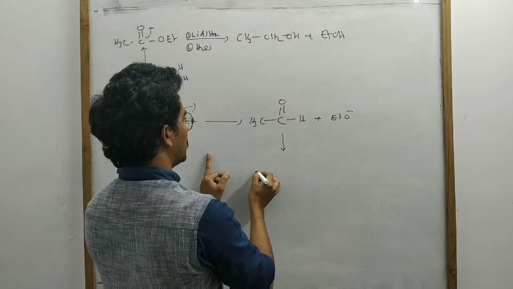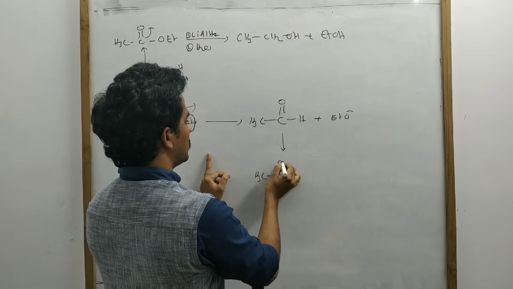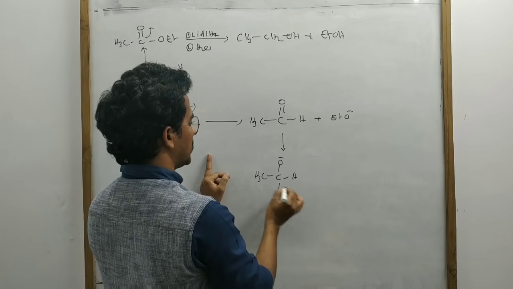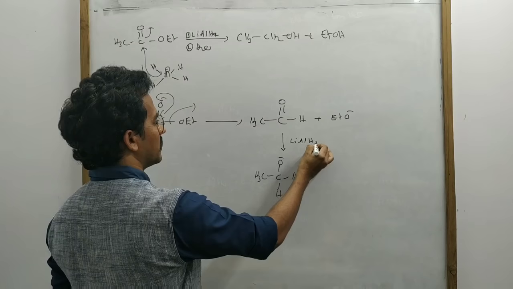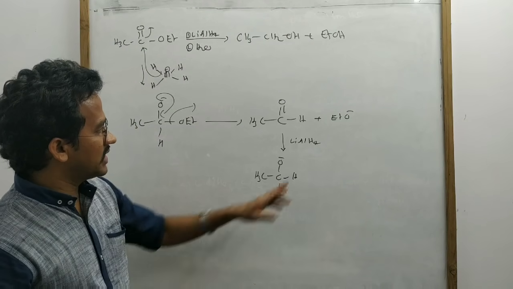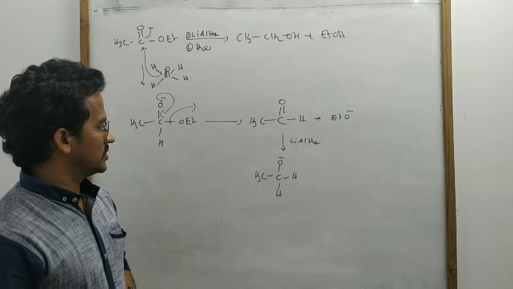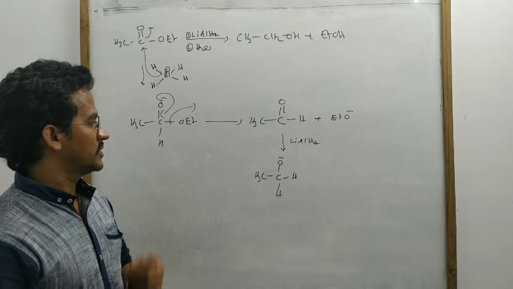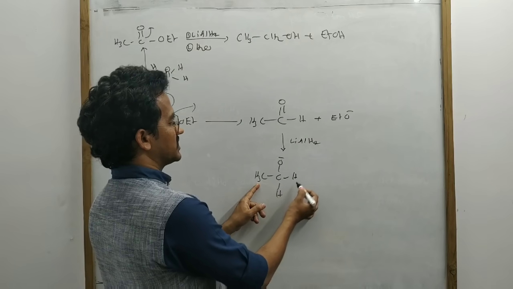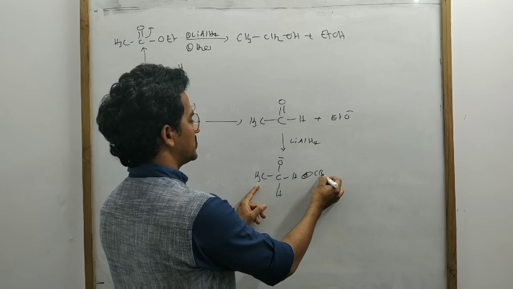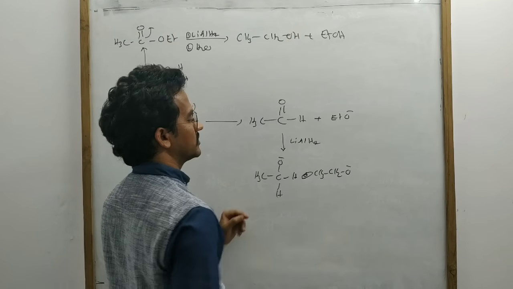Now this is further reduced. LiAlH4 again, H minus attacks on this carbon, so that is reduced to CH3CH2O minus.